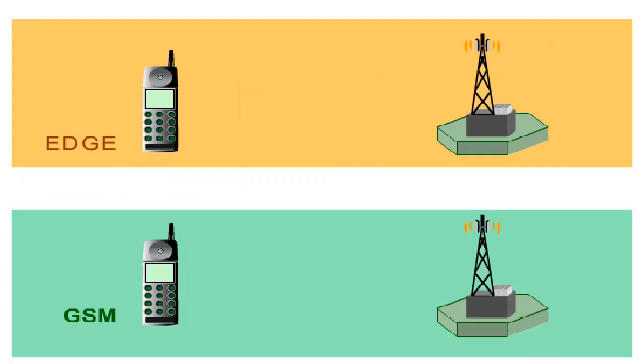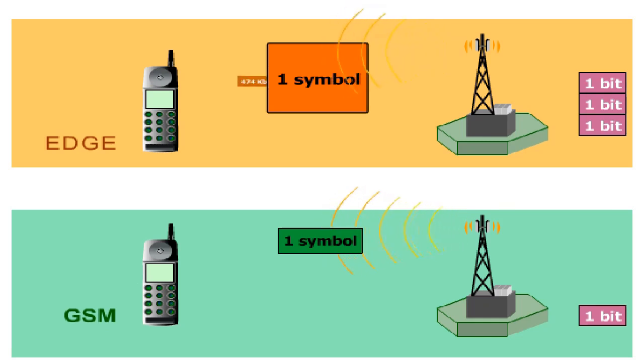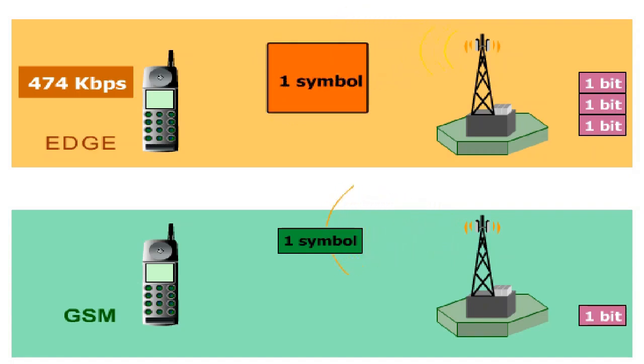In contrast to GSM, a digital data unit at the air interface, a symbol, is not just 1 bit, but 3 bits. This technology allows data rates of almost 474 kilobits per second per user. On the other hand, EDGE is very bit error sensitive and requires careful planning and a sufficient number of base stations.